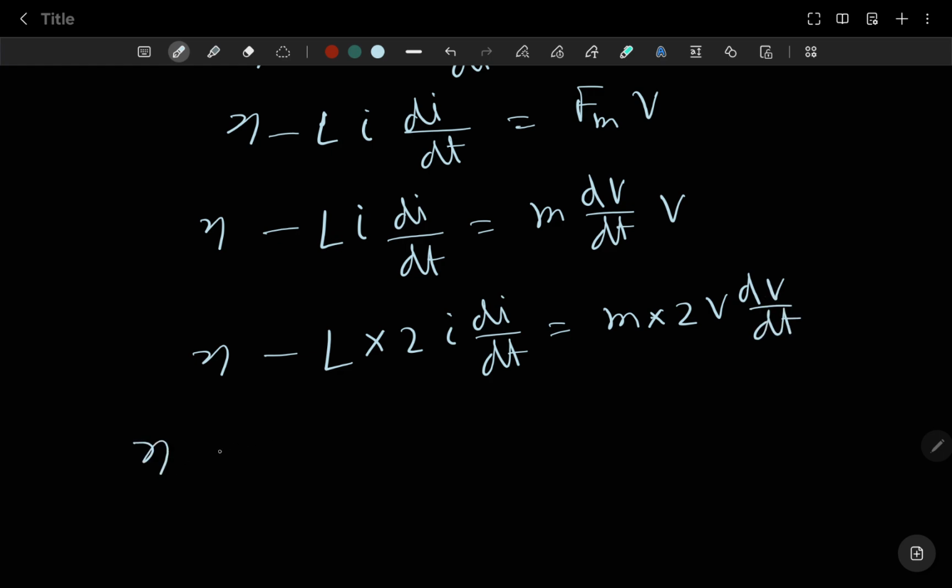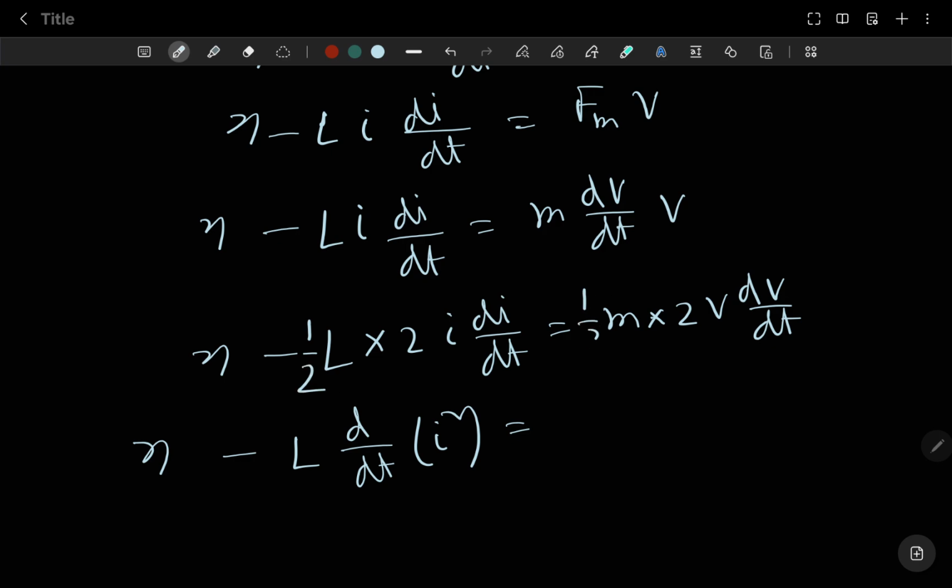So you can write it like d dt of I square, and okay, you don't have to multiply it by 2. You also multiply it by half on both sides.